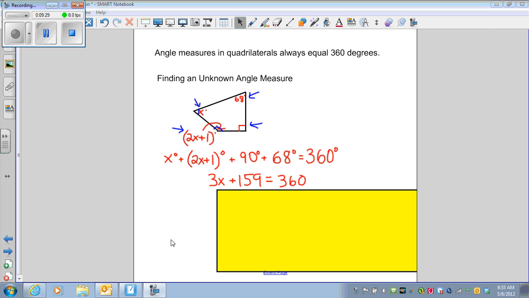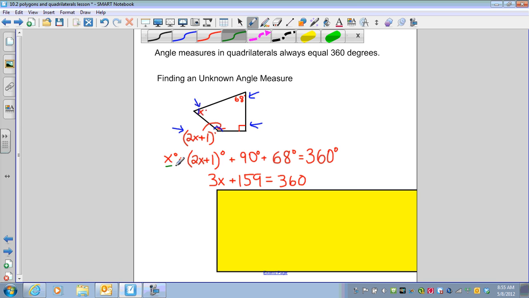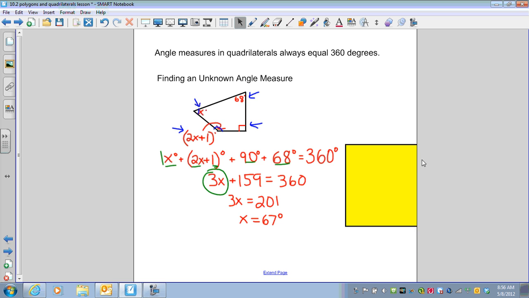So if we combine the like terms, we have 3 x's, because you remember anytime you have x alone, it's as if there's a 1 in front. So we combine our 3 x's, plus we can add 1 plus 90 plus 68, which is 159, equals 360 degrees. We can then go ahead and solve for it.